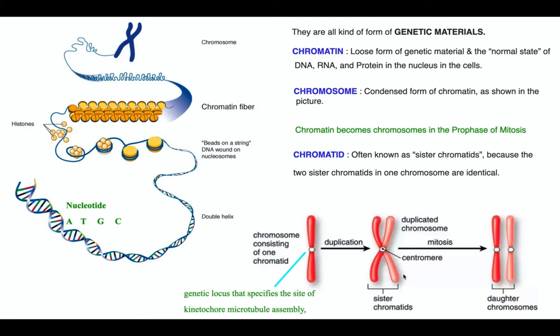Both sister chromatids are actually identical. At some point during cell division, they will be separated. The centromere will be separated, the chromatids will be separated. Then we shall not call them chromatids, instead we shall call them chromosomes.